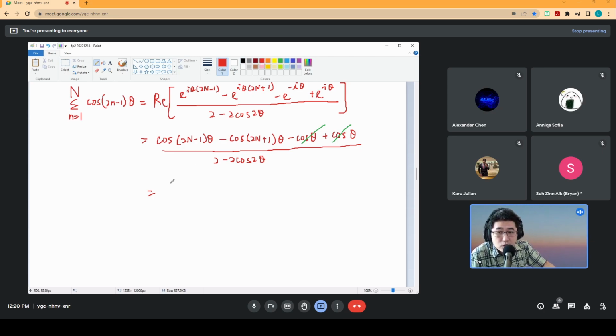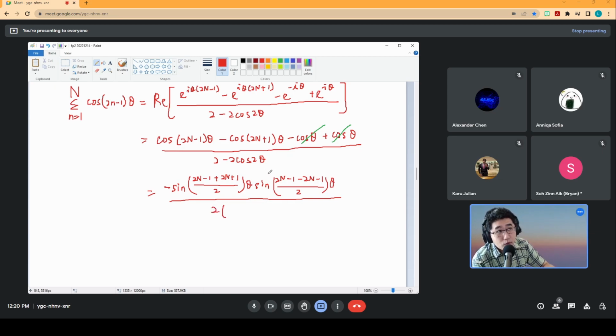Cos P minus cos Q, I will get negative sin of (2n minus 1 plus 2n plus 1) over 2 θ, sin of (2n minus 1 minus 2n minus 1) over 2 θ, over, this is 2, 1 minus cos 2θ, 1 minus cos 2θ is 2 sin squared θ.